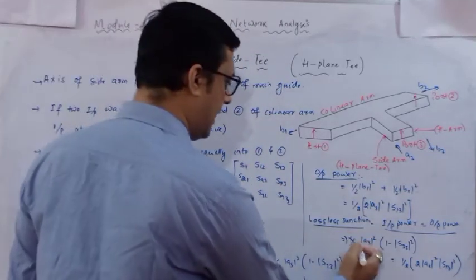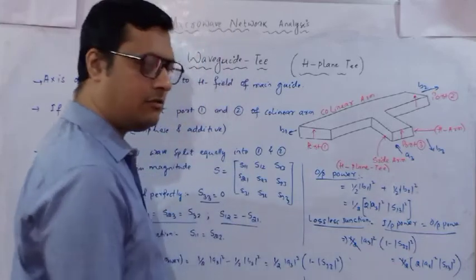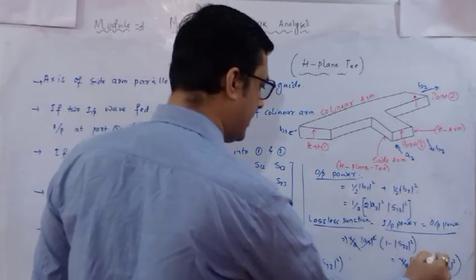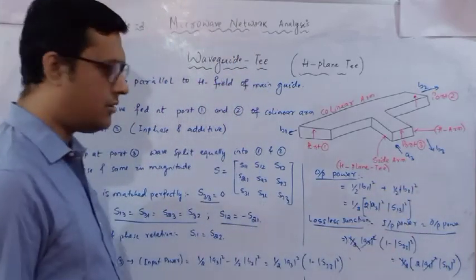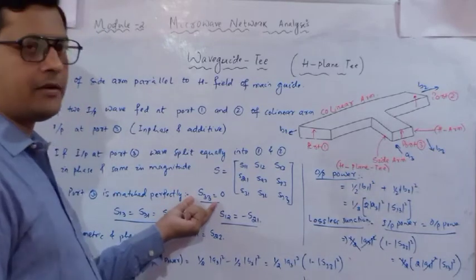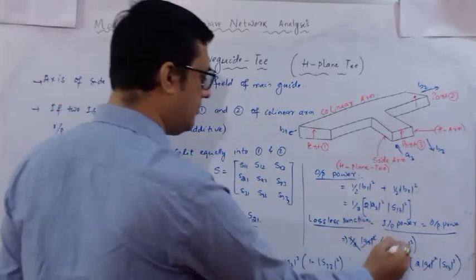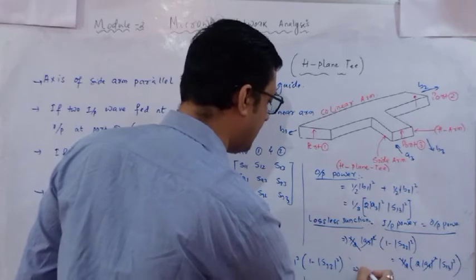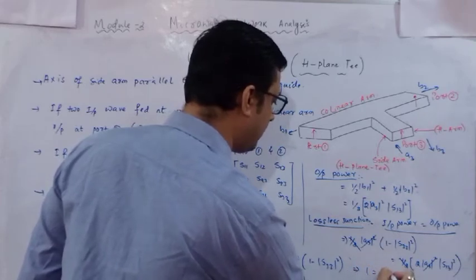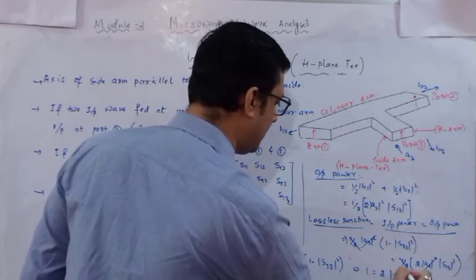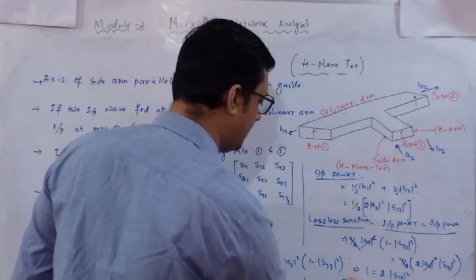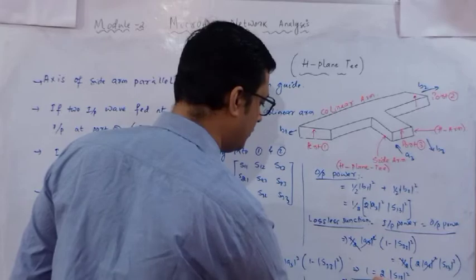So this half gets cancelled out, A3 square cancelled out. S33, which is perfectly matched, if you substitute here you will get 0. So it is 1 equals twice of S13 whole square. That means S13 is equal to 1 by root 2.